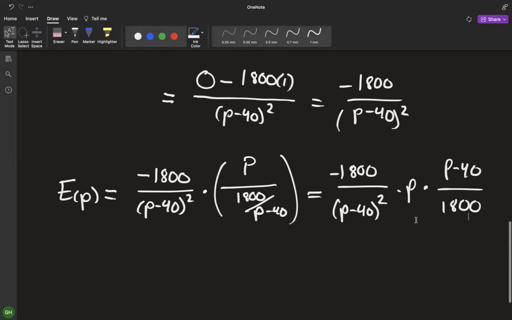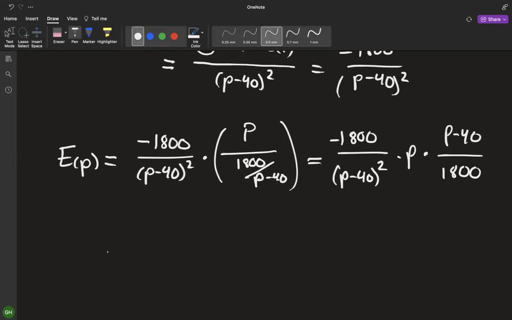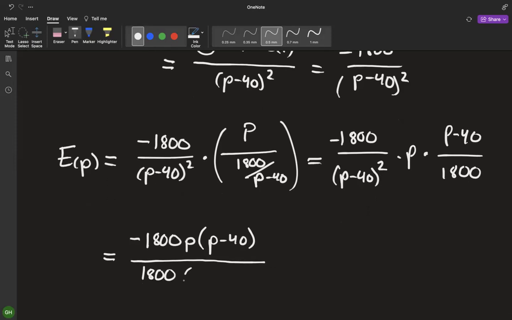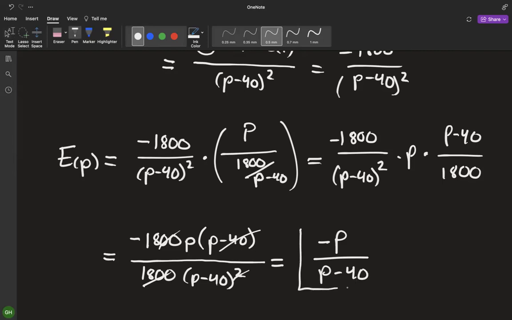And I get quite a bit of cancellation here. So let me combine this all together and then we'll start canceling out. So we have negative 1800 P times P minus 40, divided by 1800 P minus 40 squared. Okay, and the 1800s will cancel, and this P minus 40 will cancel with one of the P minus 40s on bottom, and that leaves you with negative P over P minus 40. And this is the elasticity function.